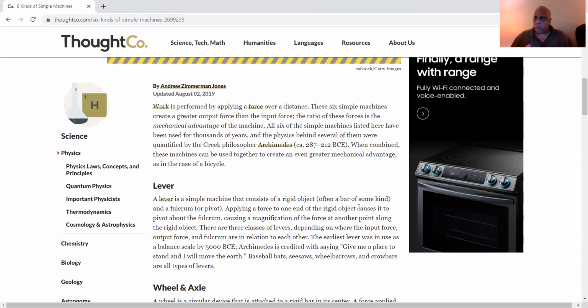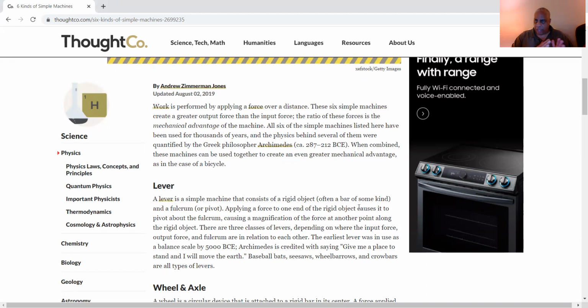When we deal with simple machines, what we're basically trying to do is move material from one place to another place, over a distance. And what are we doing? We're doing work.